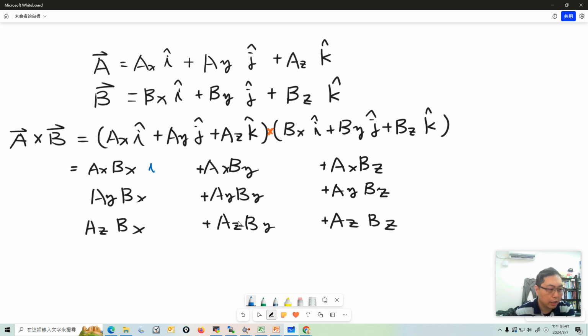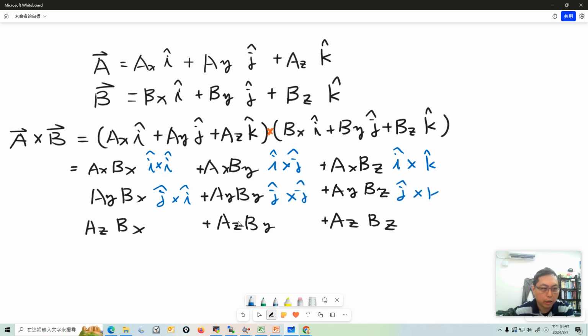So here we have I cross I, I cross J, and I cross K. Similar situation: J cross I, J cross J, and J cross K. And the final one is K cross I, K cross J, and K cross K.